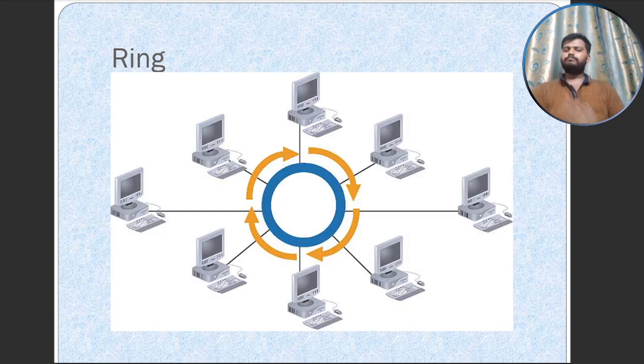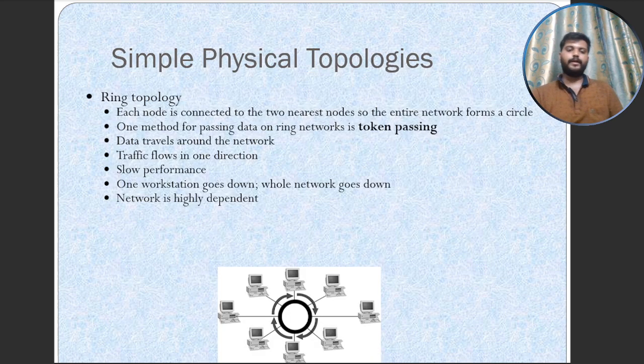Ring topology. In this picture you can see there are different devices that are connected, forming a ring, and there is a direction being shown here. Ring topology is another simple topology where each and every node is connected to the nearest two nodes.